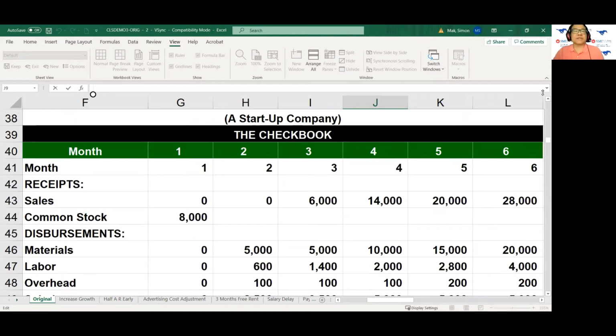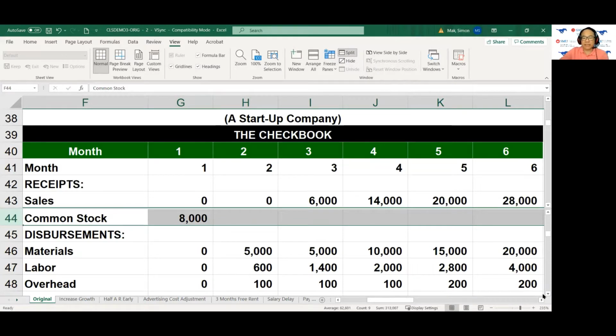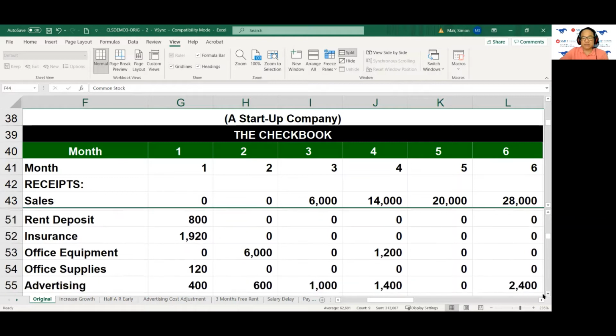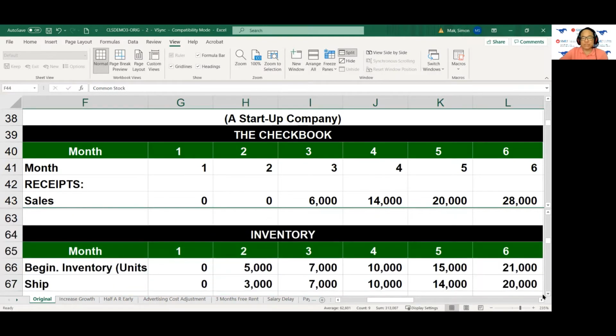Okay, so the first thing that I'm going to do is split this screen into two parts. So I can go here and click split. And what that does is that allows us to basically view the same spreadsheet, but two sections at the same time. So very, very nice feature.